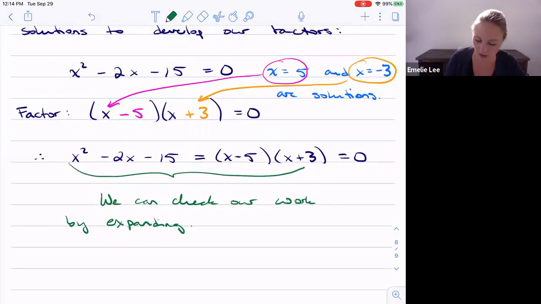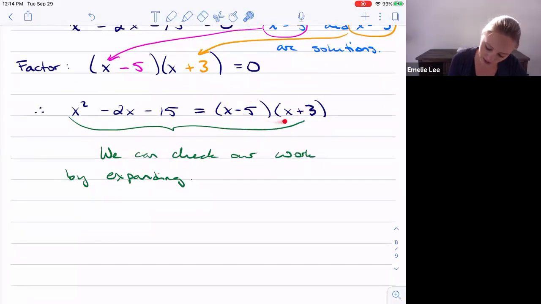And just so it's not so confusing, I'm going to leave that equals 0 out and just say that we've used the solutions to leverage this factor. Now we want to make sure that these are equivalent. So I can expand this, and hopefully I end up at this with a little bit of work.